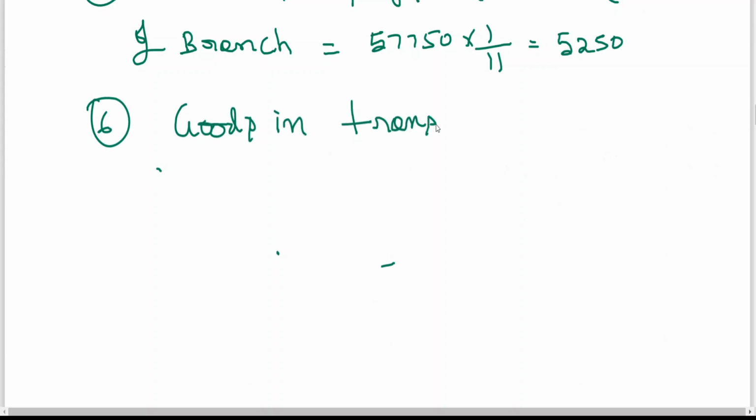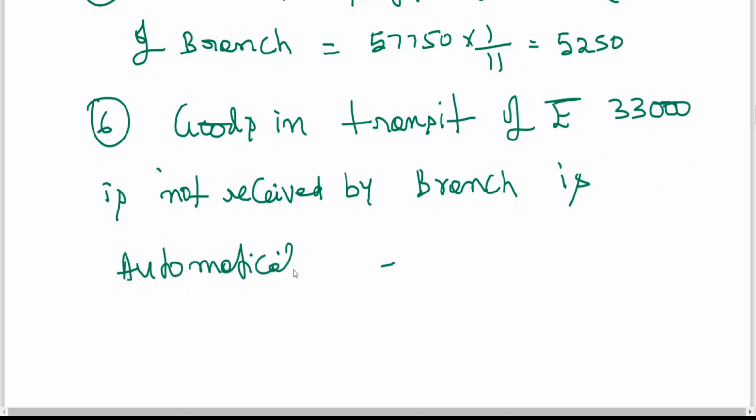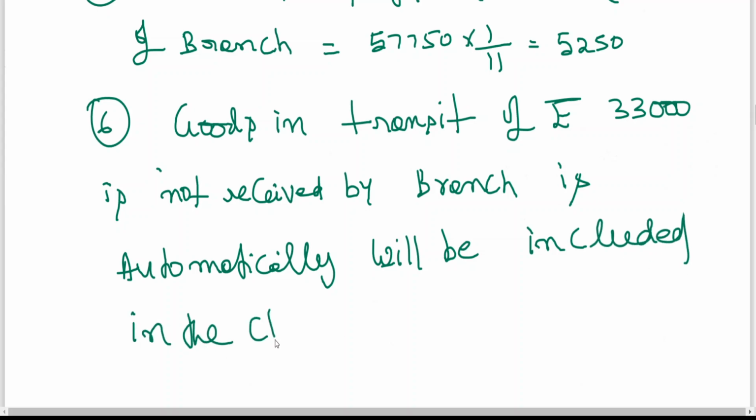Goods in transit of rupees 33,000 is not received by branch, is automatically included in the closing stock of head office.